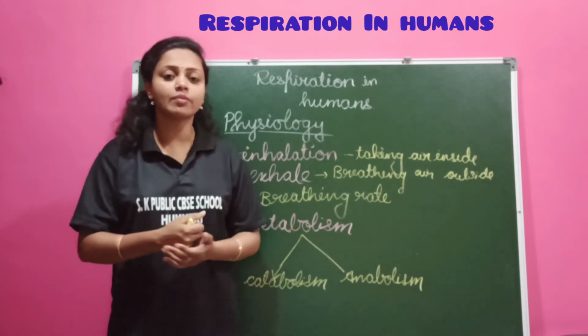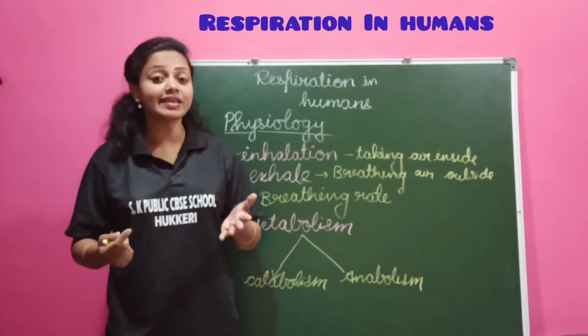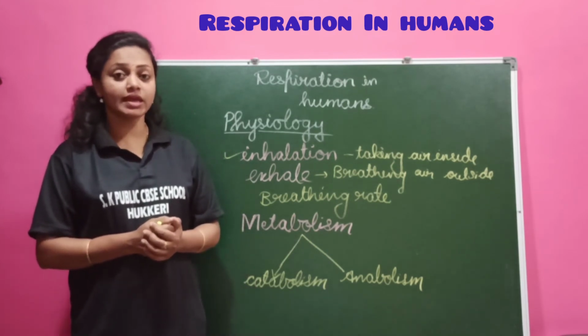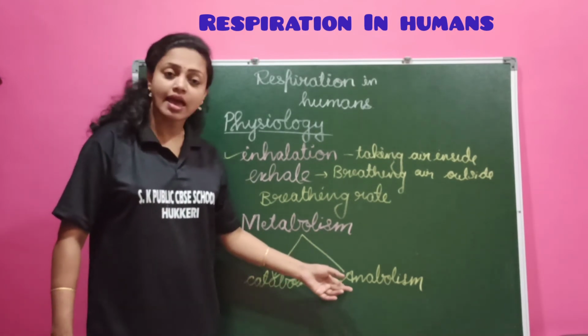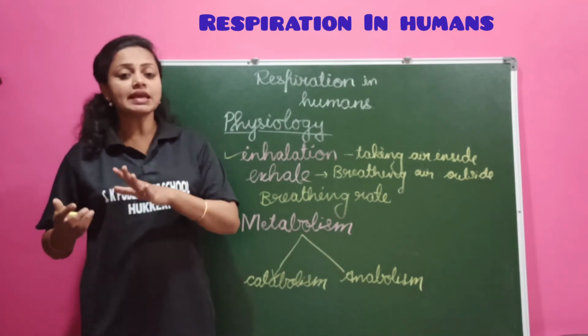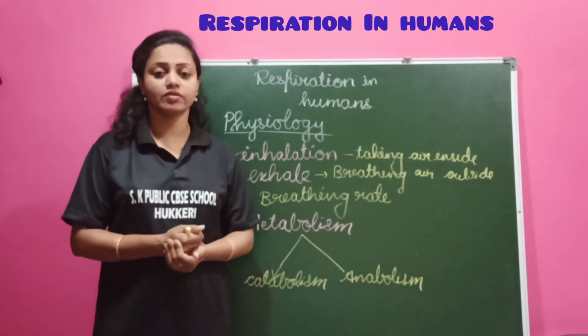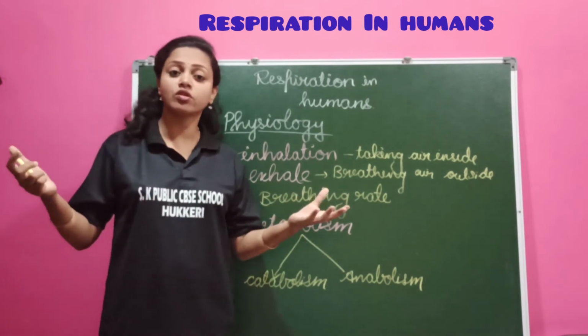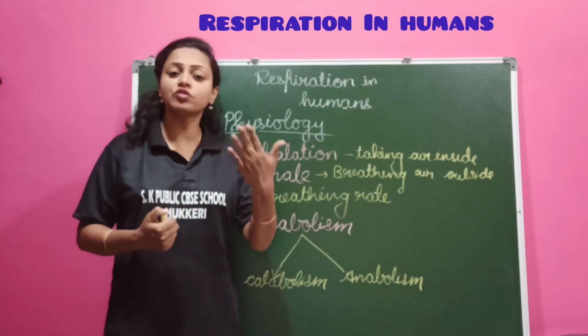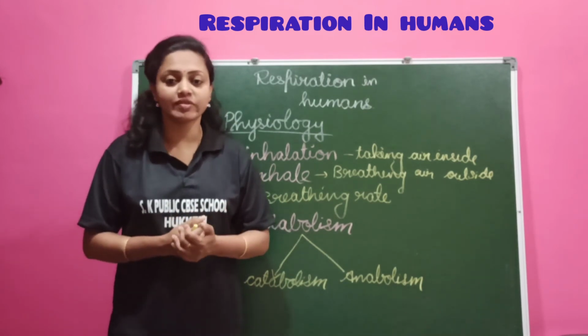Anabolism is the process of synthesizing all compounds required by the cells. Therefore, respiration is a catabolic process which breaks down large molecules into smaller ones, releasing the energy to fuel cellular activities.